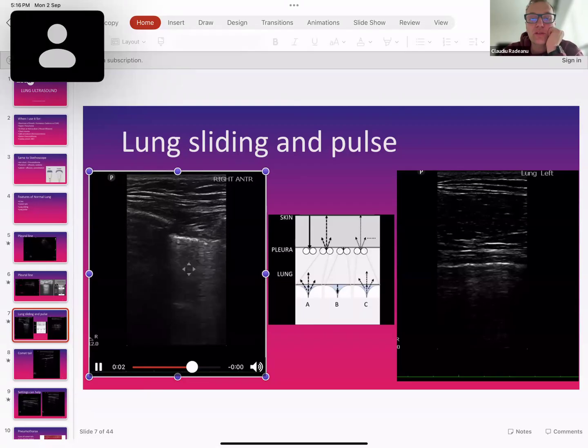So coming back, what you see, the little white blobs coming downwards, is the comet tail. So comet tail is little artifacts that are created by the visceral pleura. So the lung itself, you have alveoli here. Okay, so this is skin, this is the parietal pleura, and this is the external thoracic one. So you have here the ultrasound waves coming through.